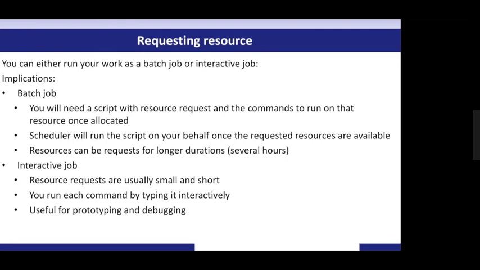So you basically write up a whole script with the resource request and the commands to run when the request is available, and then you submit it to Slurm, and then you go home, basically, right? You don't need to be there. And then when the allocation has been activated, your lines of command will run on those nodes, right?